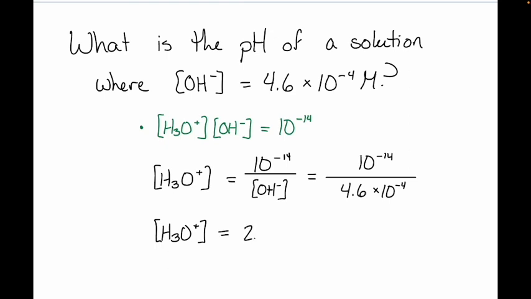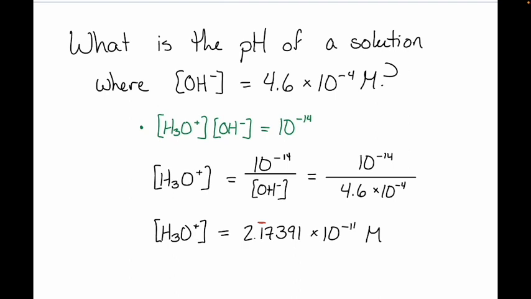This leaves me with 2.17391 times 10 to the negative 11. My units are molar, okay? I'm going to mark my sig fig in this number, but I'm not going to round it off yet because I'm going to turn around and do more math with this number, right? So we don't want to round in the middle of a problem, only at the very end.